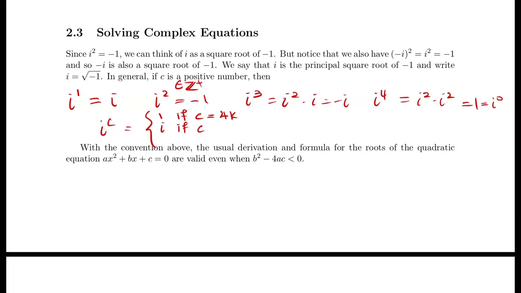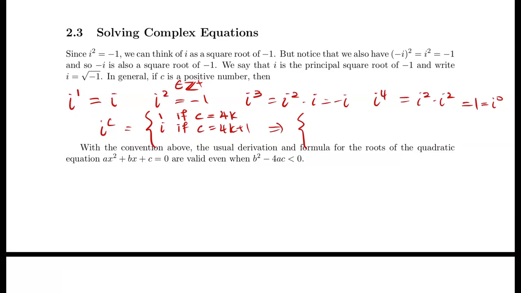If c is 4k plus 1, we get i. We could also see that if we have i squared, negative 1, every 2, 6, 10, and so on, is always going to be negative 1. So it's a multiple of 4 with an additional 2.